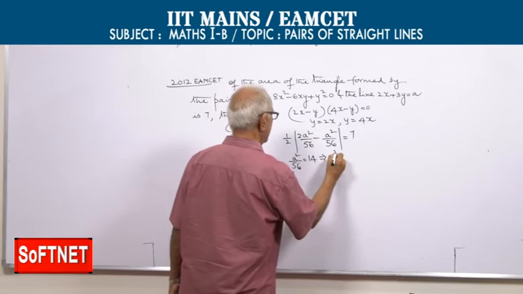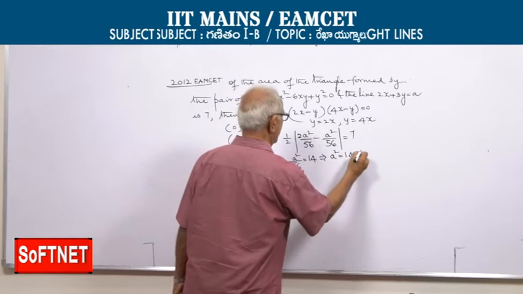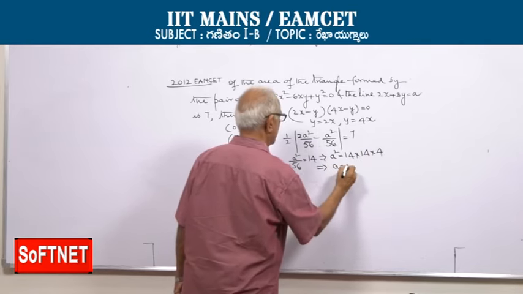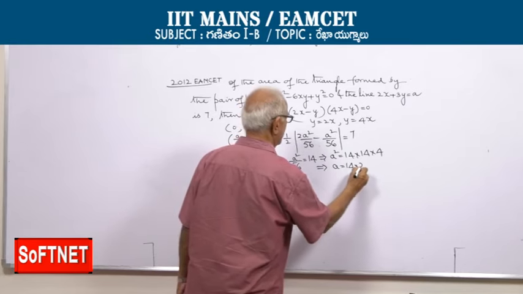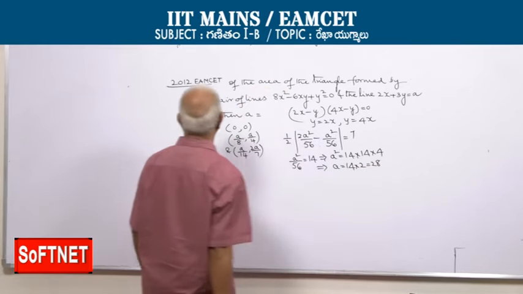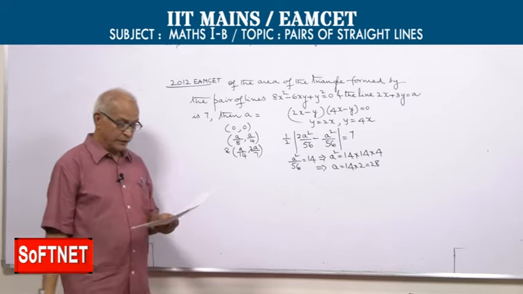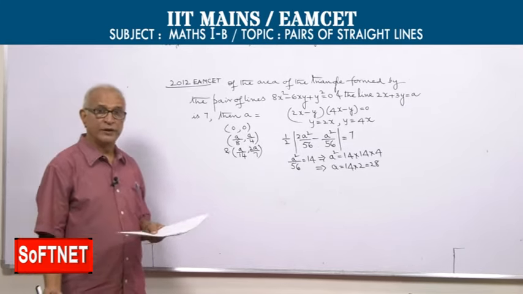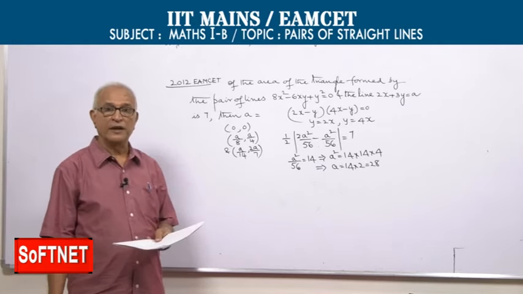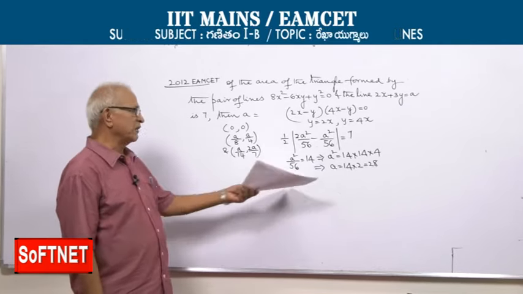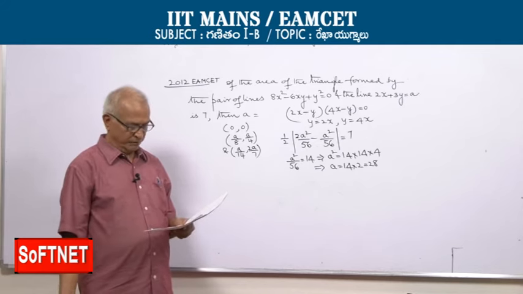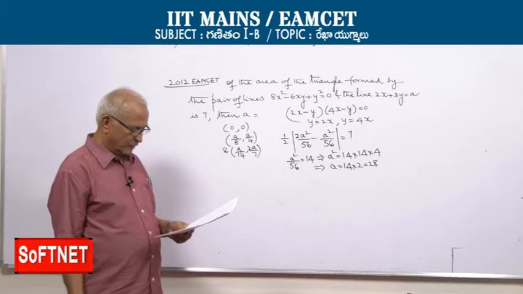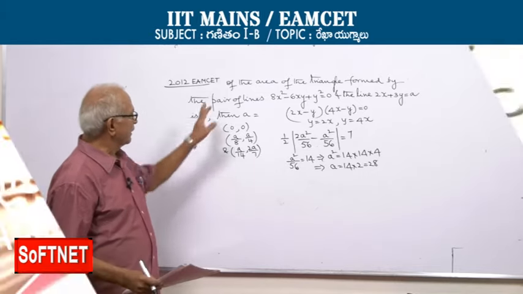That gives you a square equal to 14 into 14 into 4, or a equal to, taking the positive value, because in the options only positive values are given. 14 is one option, 14 root 2 is another option, 28 root 2 is the third option, and 28 is the last option. So, no question of taking a negative value, though it is not mentioned in the question. So, that is another question on the factorization method.